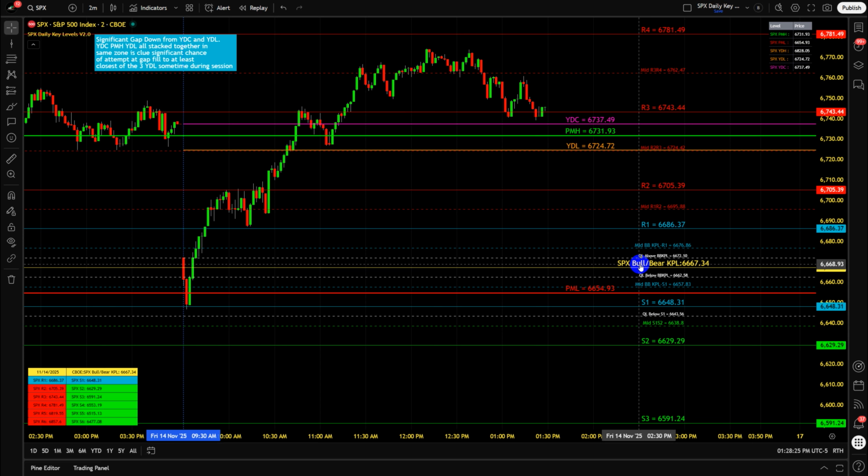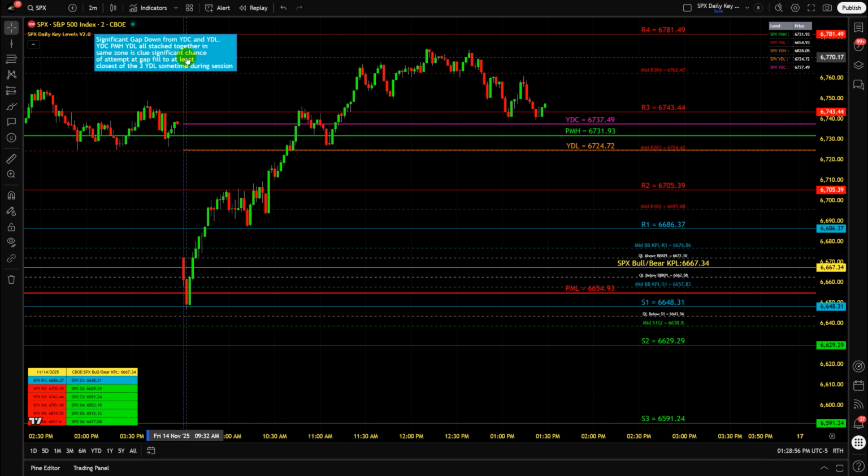Before we get to those trades, one important note here: we have a significant gap down from yesterday's daily close and yesterday's daily low, YDC and YDL. As you can see here, YDC, PMH, and YDL, so the pre-market high, yesterday's daily close, and yesterday's daily low, are stacked one on top of each other, all in the same zone.